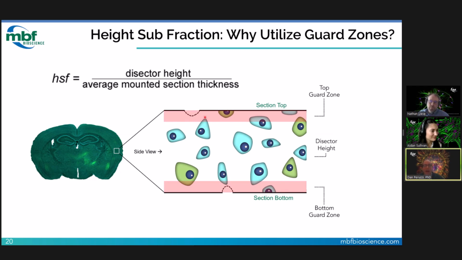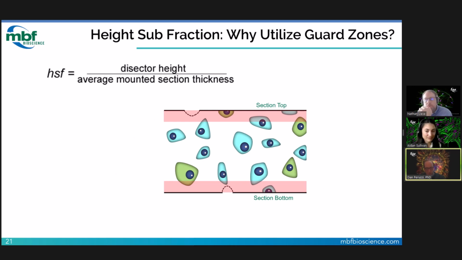So if you don't have that guard zone there to focus up into to see that cell top, it can be difficult to know whether those cells are cut off at the top or whether the top is actually in the dissector. So the guard zones protect us from artifact, and they make it easier to tell if the top of the cell is in the dissector when you're at the top of the section.